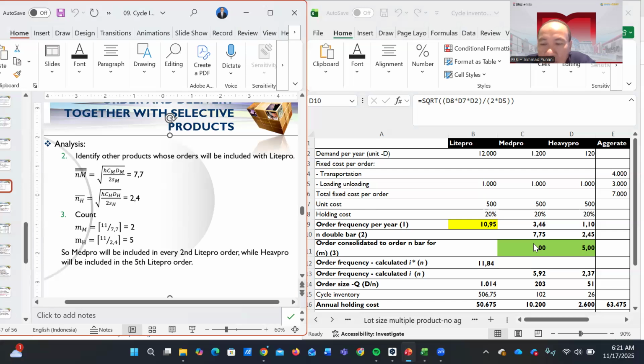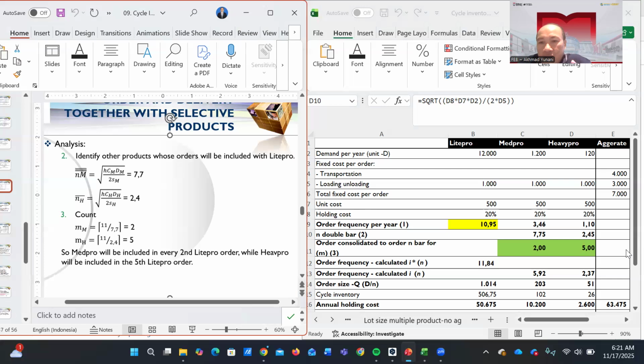And for HiFi Pro, the order frequency for HiFi Pro is 2.45 or 3 times. In which order will we consolidate the order of HiFi Pro? In every five orders of Light Pro, we will include order for HiFi Pro.